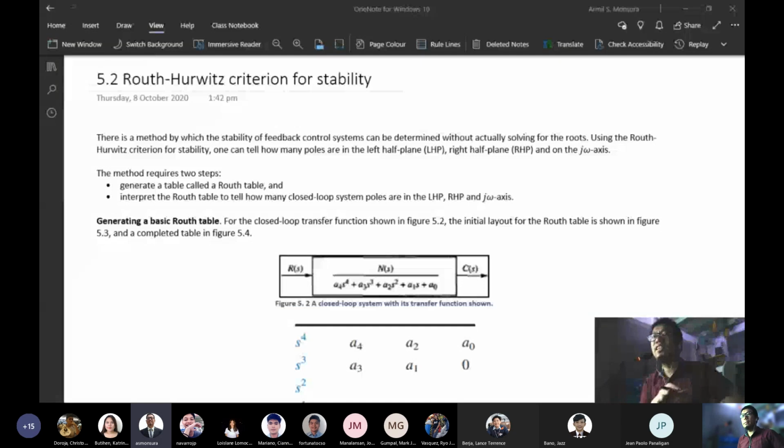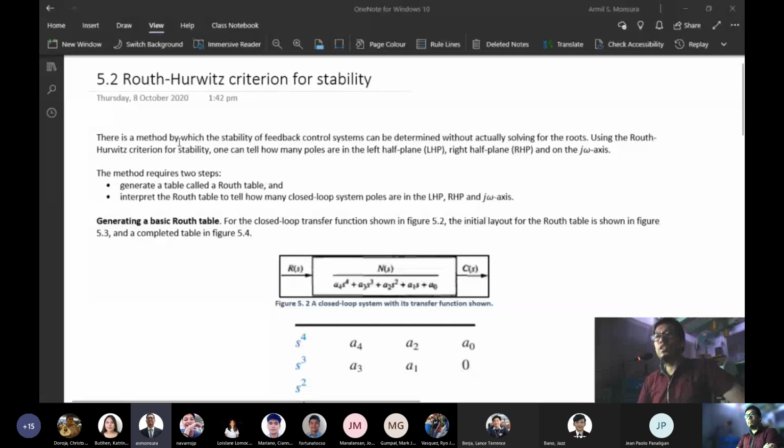But when designing, it is a bit difficult to use those, because our unknown is the system parameter, and you need the system parameter to solve for those poles. So this Routh-Hurwitz criterion is very useful in the design part. That is why in spite of the presence of computational tools, we still need to study this tool.